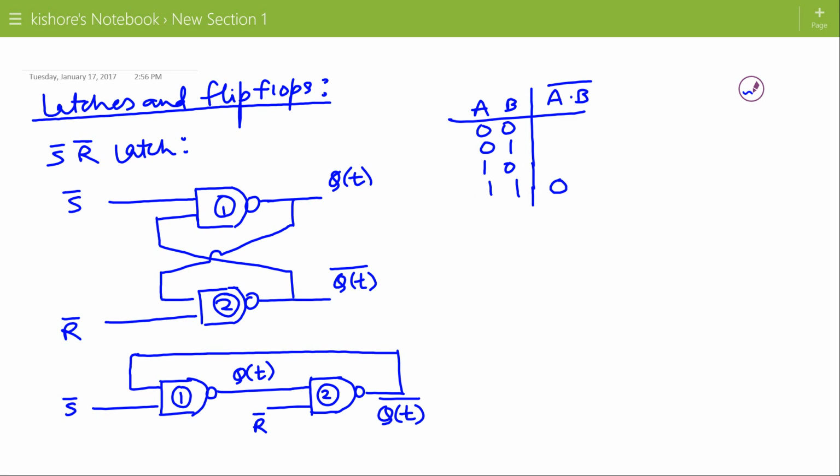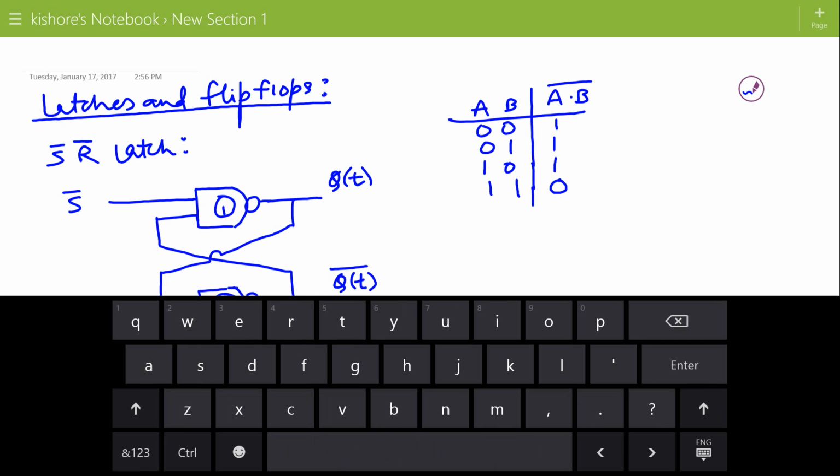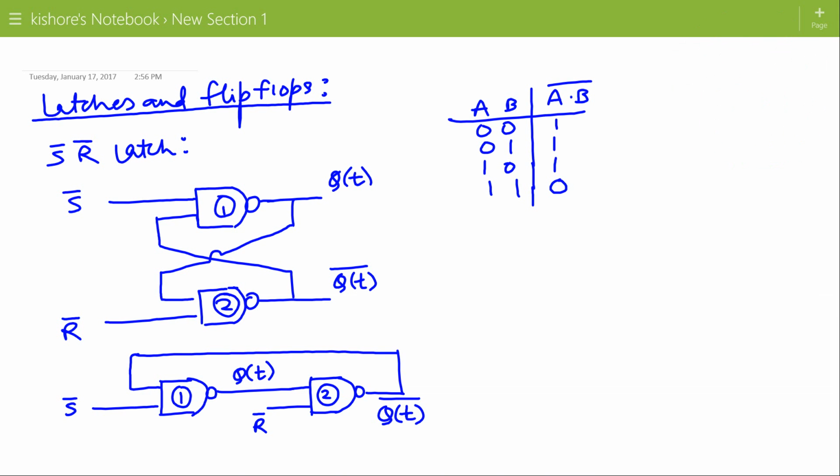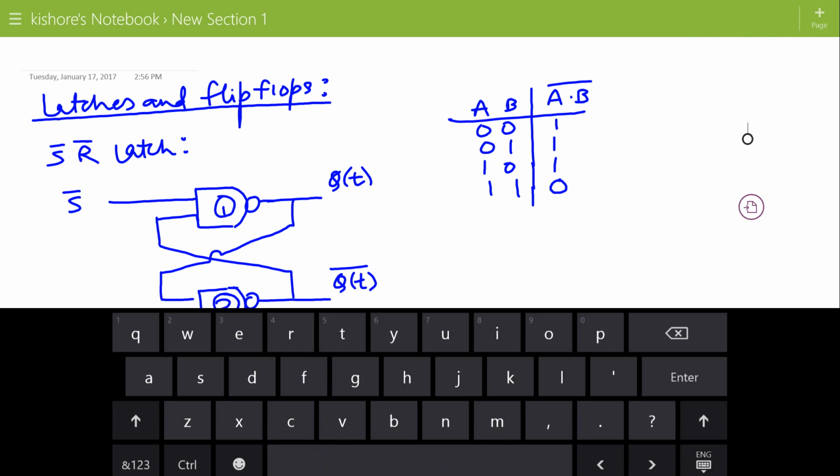And if any one of the inputs is low, then output of NAND gate is high. We will use this to write the state table or characteristic table for SR flip-flop, S bar R bar latch.